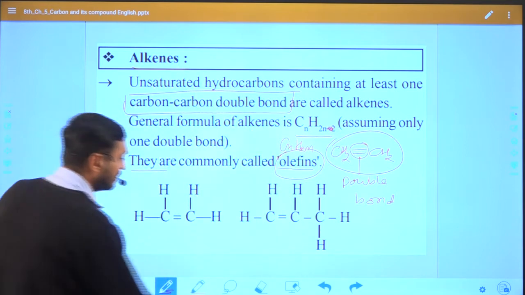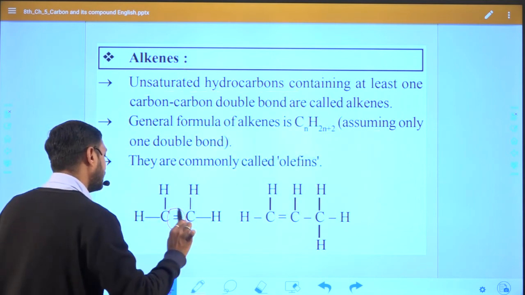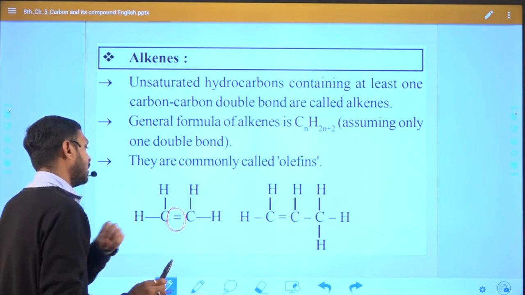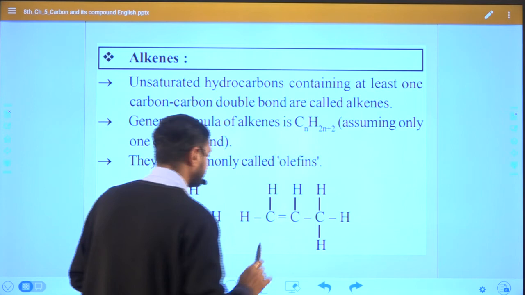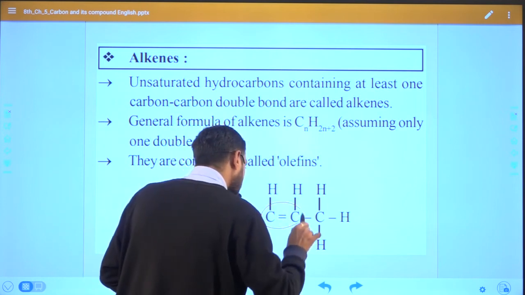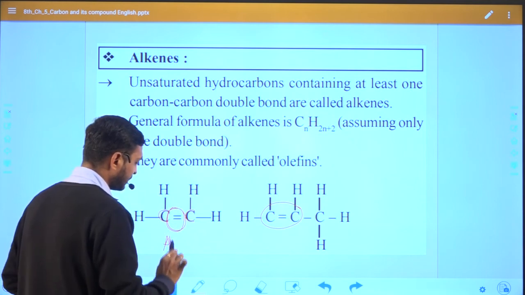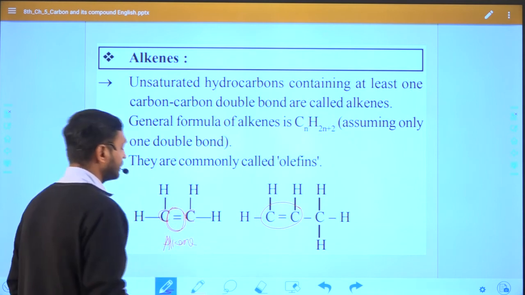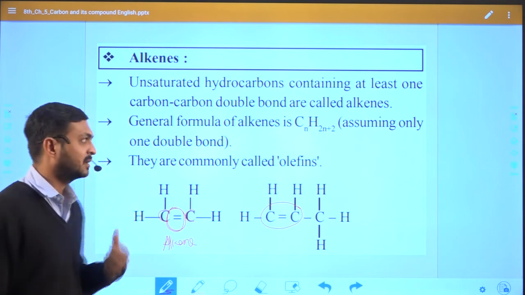You can see in both compounds, one multiple bond, that is a double bond, is present between two carbons. Here also a double bond is present. So the compound is known as an alkene.